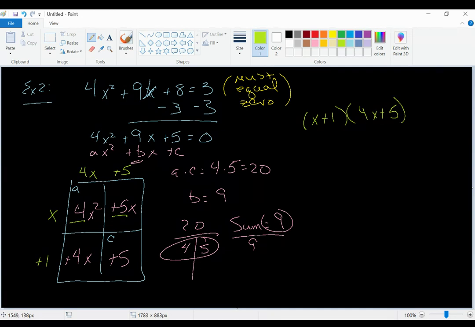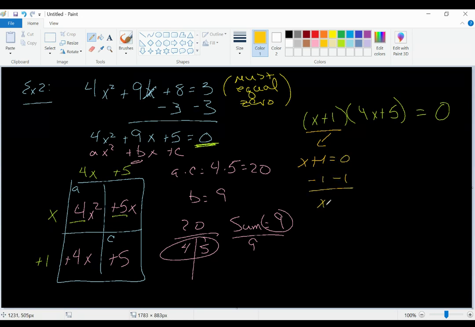4x plus 5. Now remember, we're solving. It equals 0 over here, so it still equals 0. Because this here represents that same quadratic. Okay? And now we're going to solve two separate small equations. X plus 1 equals 0.